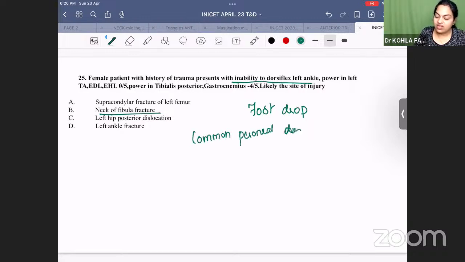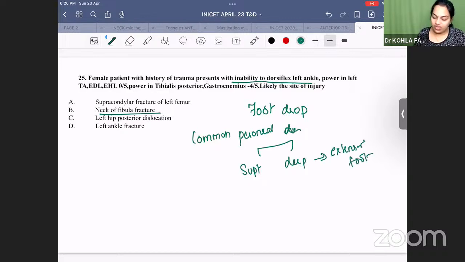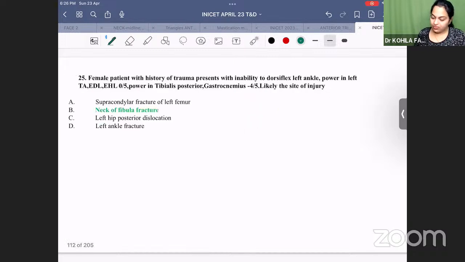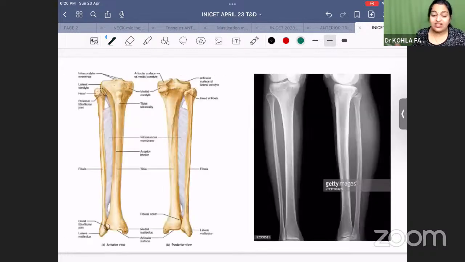We have seen this. That's going to divide into superficial and deep. The deep peroneal nerve is going to supply the extensors or the dorsiflexors of the foot. That was an easy question, right? That was given as an image-based question also, pointing to the neck of the fibula. Recently they've asked that.